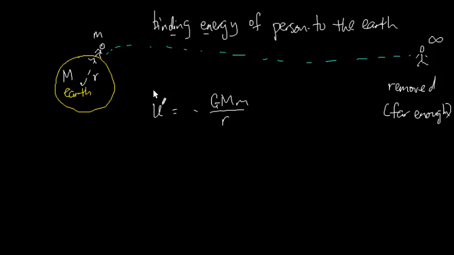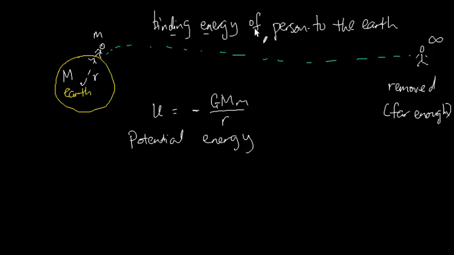And this actually is the potential energy. Now to be precise, this formula, this potential energy, refers to the work done to bring the person from infinity to the earth, or to distance r from the center of the earth.